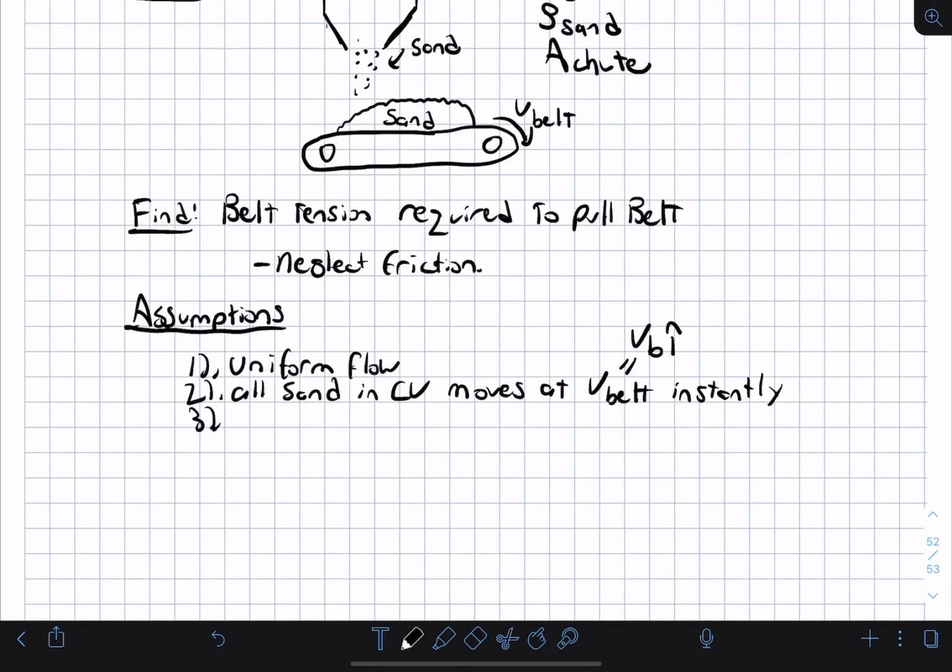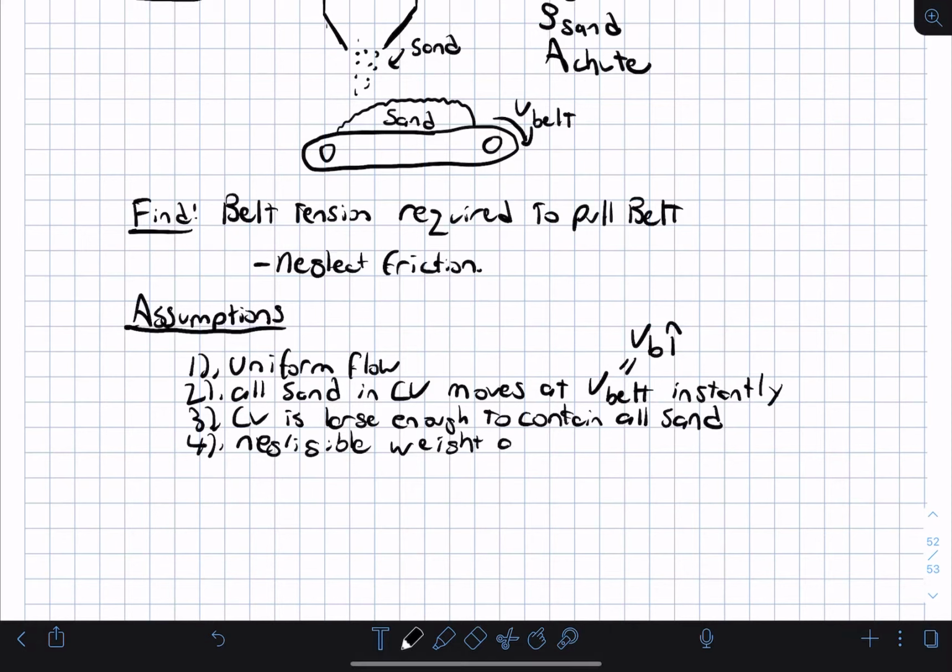3, and I brought this up earlier, the CV is large enough to contain all the sand. 4, negligible weight and friction.